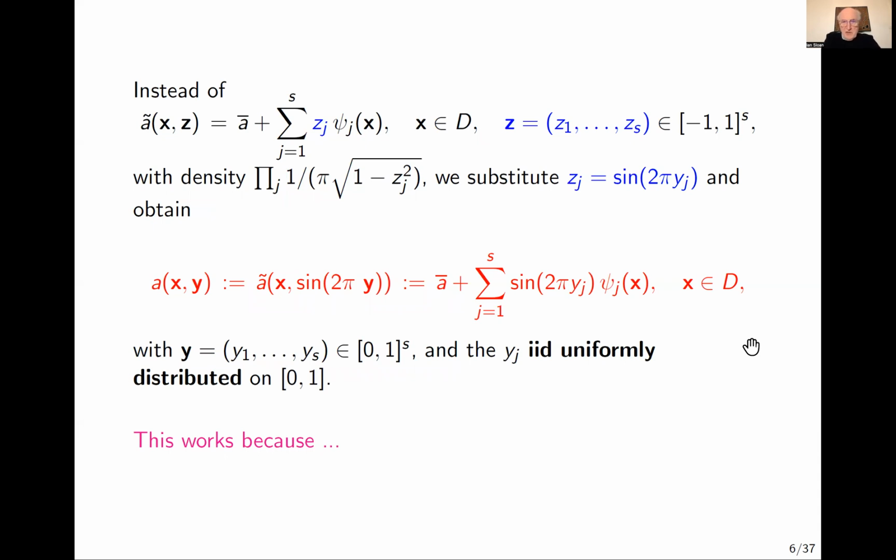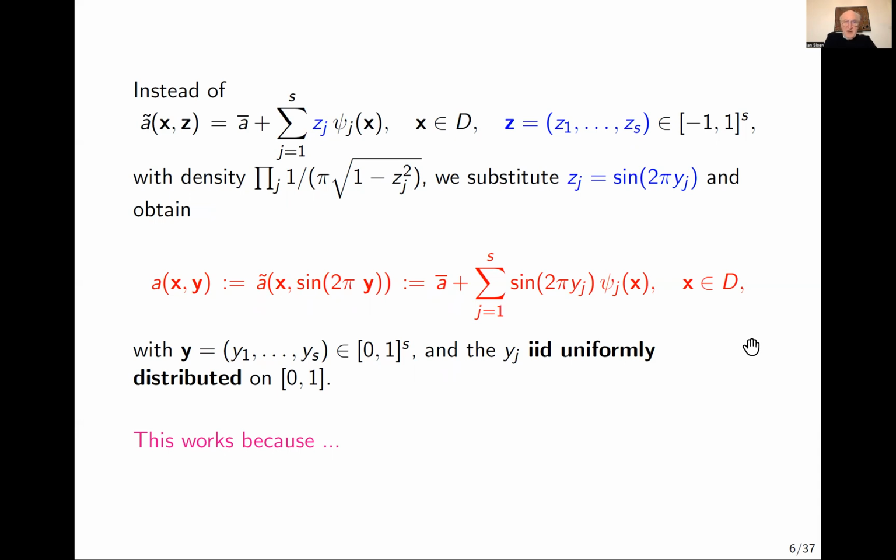So what we do is change each variable z_j to a new variable y_j through the transformation z_j = sin(2π y_j), on the second line there, with y_j running from 0 to 1.